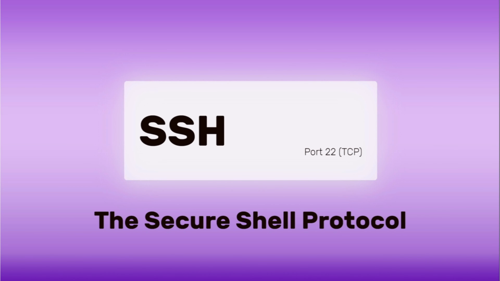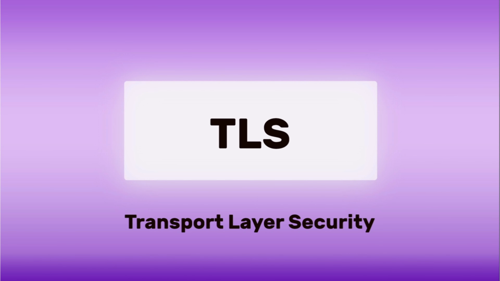So the next protocol here we have TLS, which stands for Transport Layer Security. TLS is widely used for network security. TLS is also a cryptographic protocol, and it is used for security over our network.